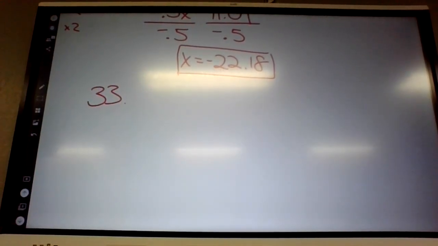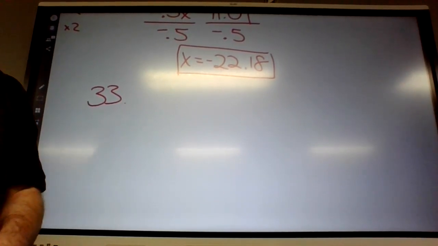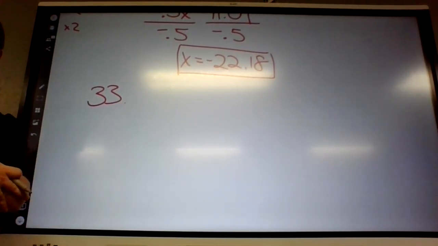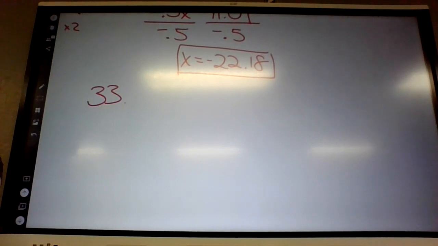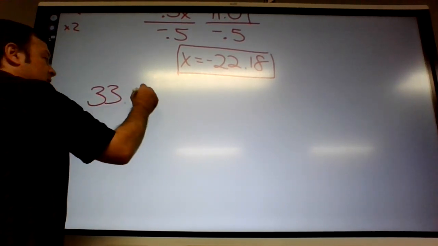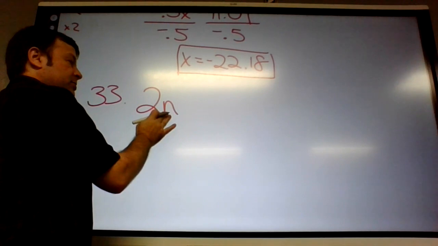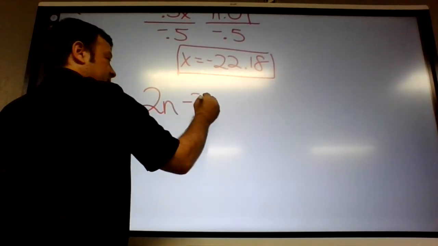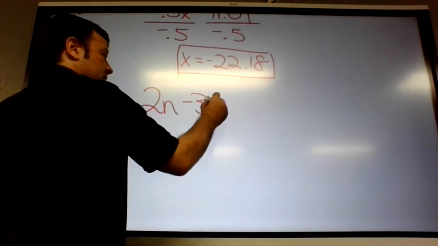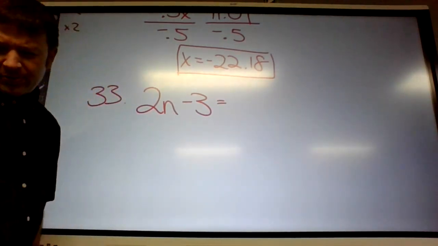All right, Moses, what would that look like? 3 subtracted from twice a number. So 2n minus 3. Right. Twice a number means 2 times a number, which we don't know, so it's n. 3 subtracted from that would actually be minus 3. Then it says equals what?